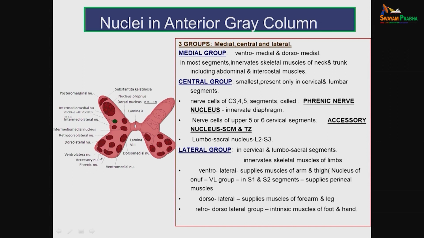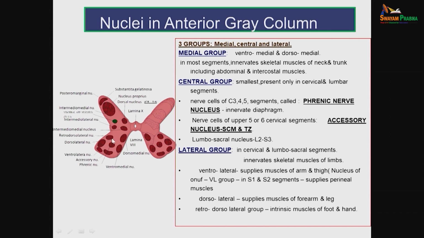The ventrolateral group of nuclei, the axons of which supply the muscles of the arm and thigh. In this, one important nucleus is the nucleus of Onuf in the ventrolateral group, in S1 and S2 segments, which supplies the perineal muscles. The dorsolateral group of nuclei supplies the muscles of the forearm and the leg.